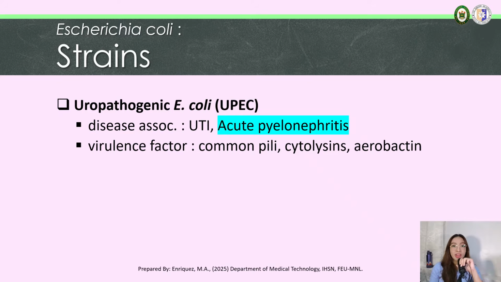So UPEC possesses the common pili. All right, so it's not used for gene transfer. Hindi katulad ng conjugation pili, but rather the common pili adheres strongly to the urinary tract of the host, making it very difficult to wash out simply by urination.